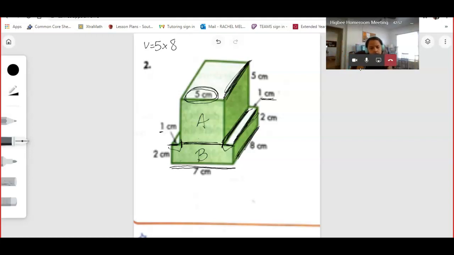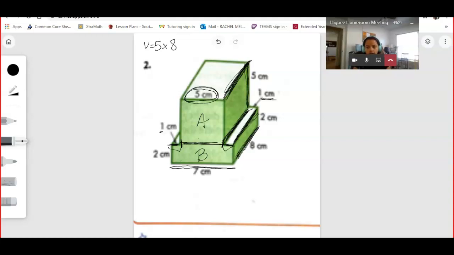Sometimes you have to think about individual rectangles. If I know this one is this, then this opposite side has to be, and then this opposite side, and then this opposite side. That's why I'm saying just think about it one little chunk at a time. Then we're talking about this piece right here for our height.